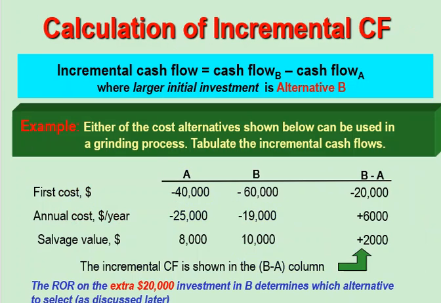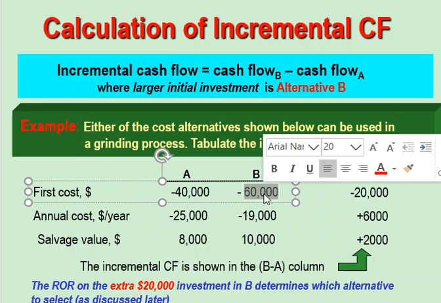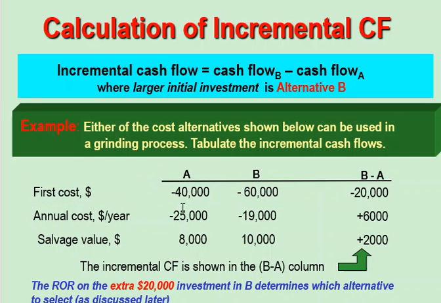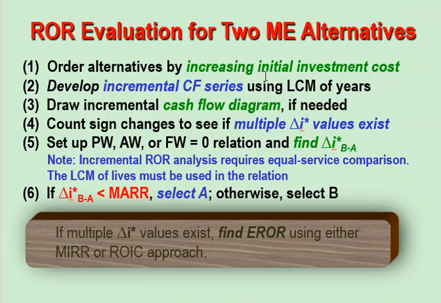When I look at alternative A, the cost is 40,000. Alternative B, the initial cost is what? 60,000. So I will put in the table A before B. I put them in an order. And as we said here, order alternatives by increasing initial investment cost.